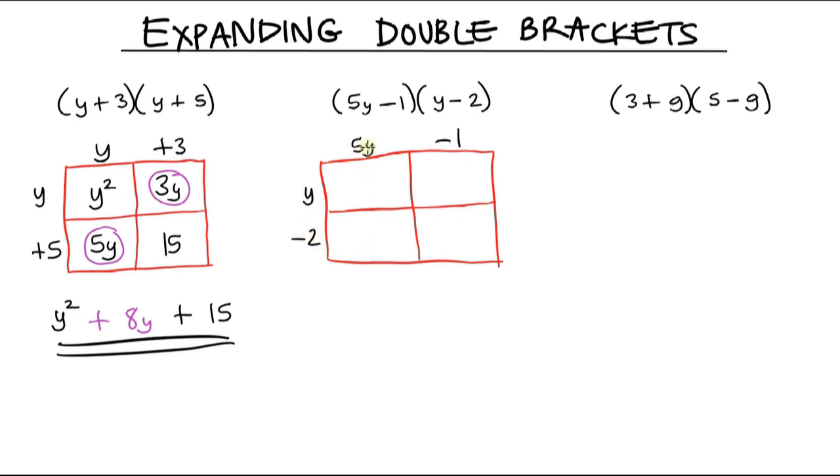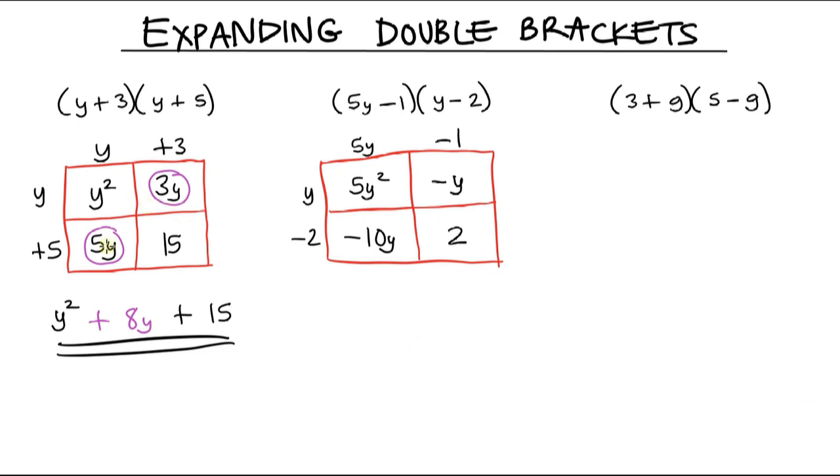So first of all, let's multiply out the 5y and the y. That will give me 5y squared. Negative 1 times y, that's negative y. 5y times negative 2 is negative 10y. And finally, negative 1 times negative 2, just be really careful because we've got 2 negatives we're multiplying together. That will give me positive 2.